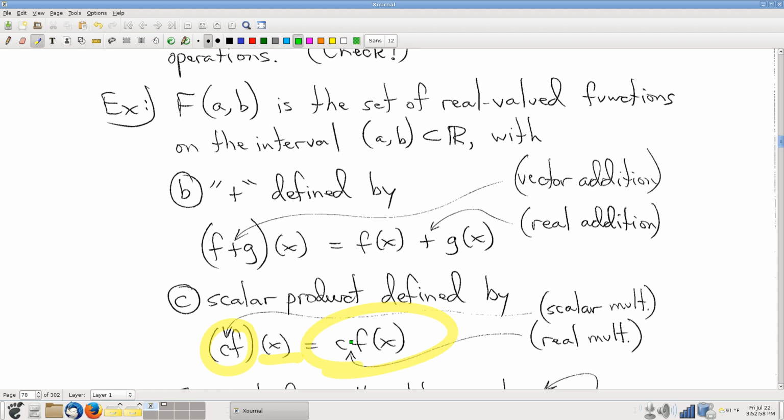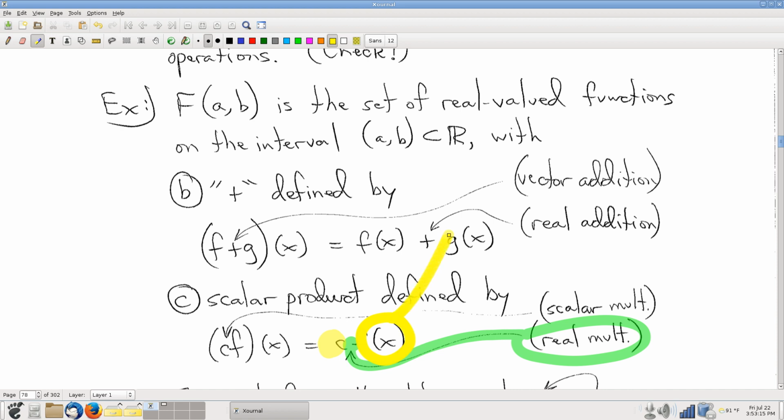Notice, of course, that in telling you how to do that, I have to make use of real number multiplication. And you know that this is multiplication of real numbers because I'm multiplying a real number there times a, well, this is a real valued function, and so the value there is also a real number. So that is real times real. Okay.